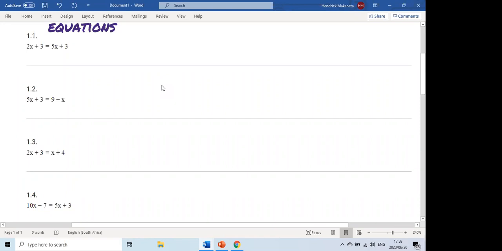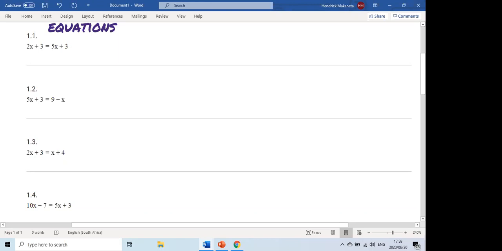Yes, Unkabetsi. Morning, sir. I put the like terms together, then I said 5x minus 2x is equal to 3 plus 3. Then the 5x minus 2x gave me 3x, and then 3 plus 3 was 6.